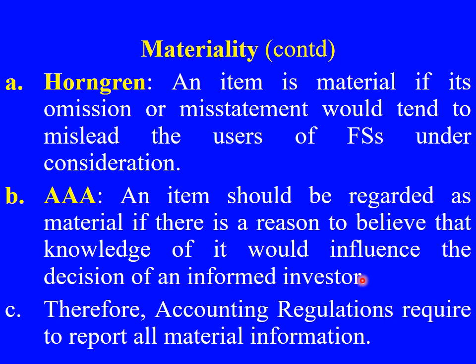If I invest in a company based on the information, how the company is performing, what is the profitability of the company over the years, and such information has been communicated to me, that is what we call material information, because that information has greater influence on my decision.